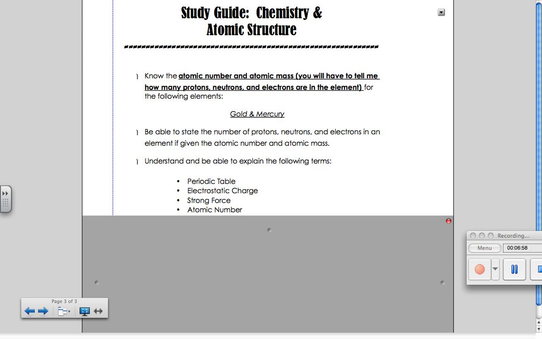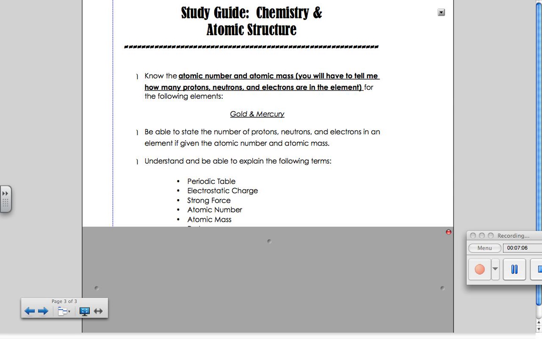The atomic number is the number of protons and electrons that are in an atom. The atomic mass is your weight of the atom, and that is the sum of protons and neutrons in an atom.